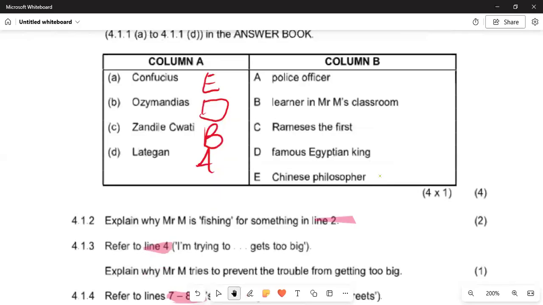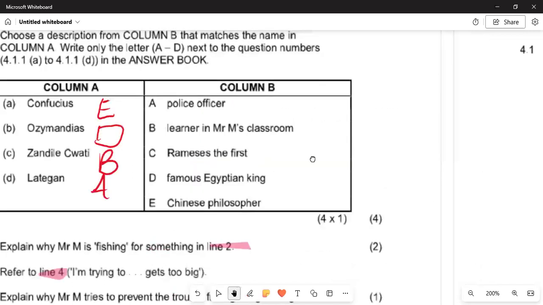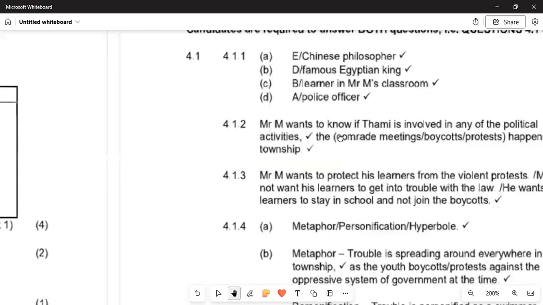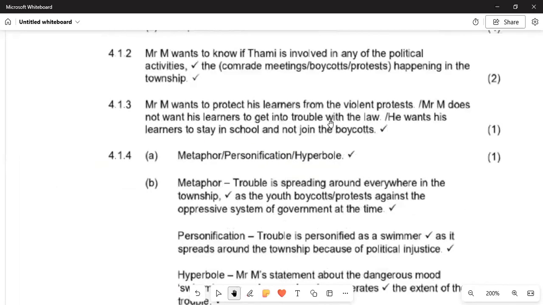So in 4.1.2, the reason is that Mr. M wants to know if Tamimbikwana is involved in any of the political activities, the comrade meetings, the boycotts, or the protests happening in the township. He wants him to stay out of trouble. He's fishing for something. People are whispering on the streets.